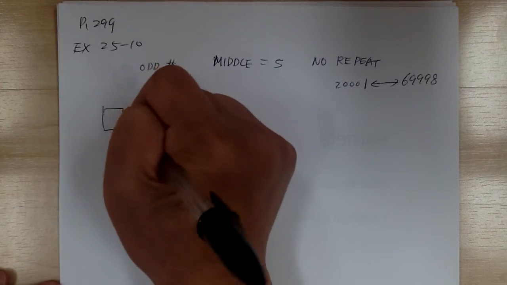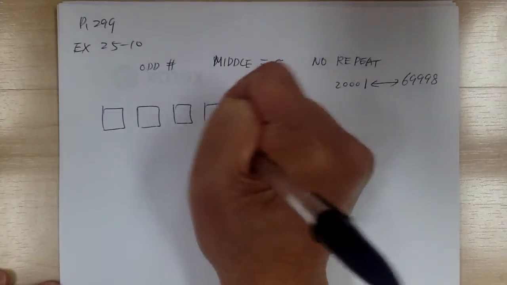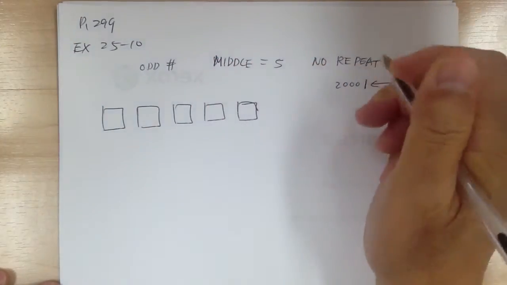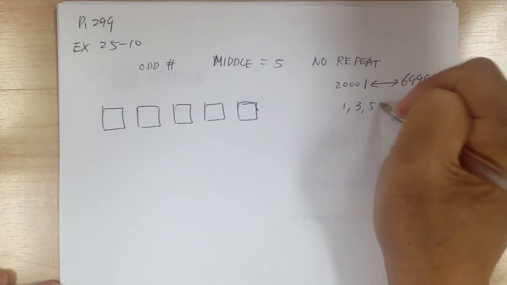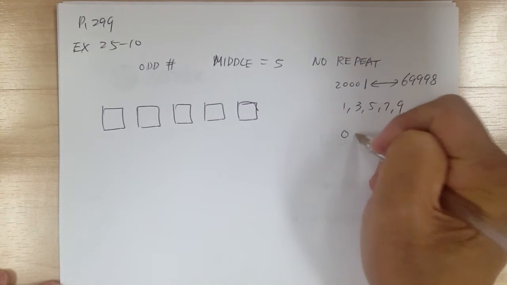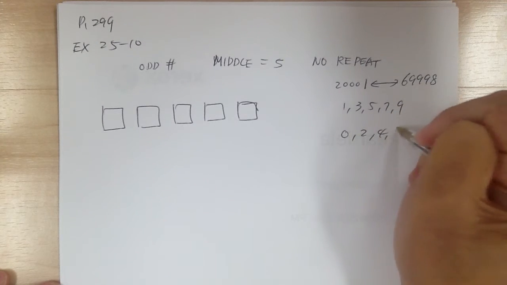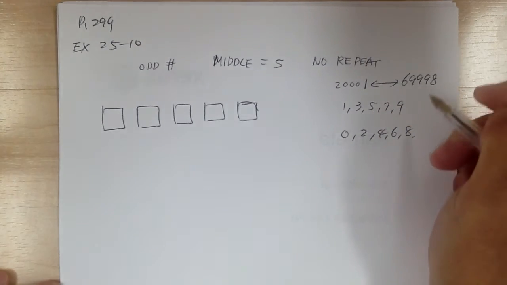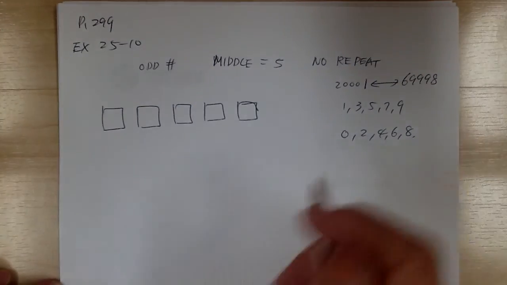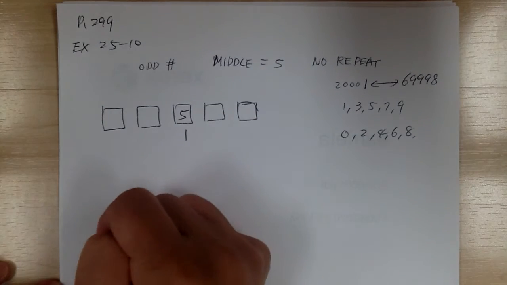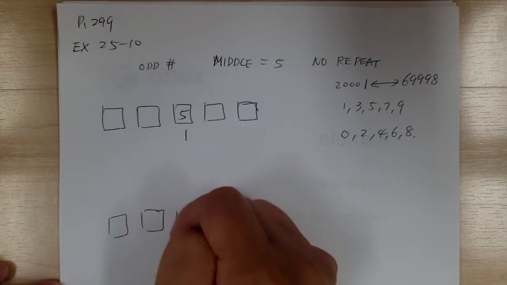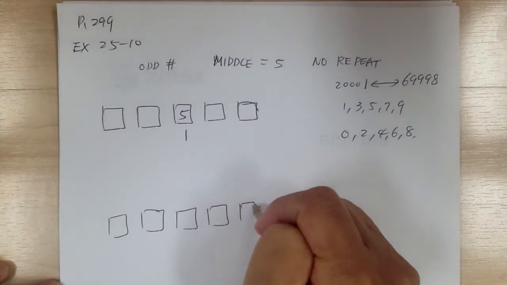For this one, the odd digits are 1, 3, 5, 7, 9. Even digits are 0, 2, 4, 6, 8. The middle number has to be 5, so you have only one choice. Now, for this problem, the key number to focus on is the 3.